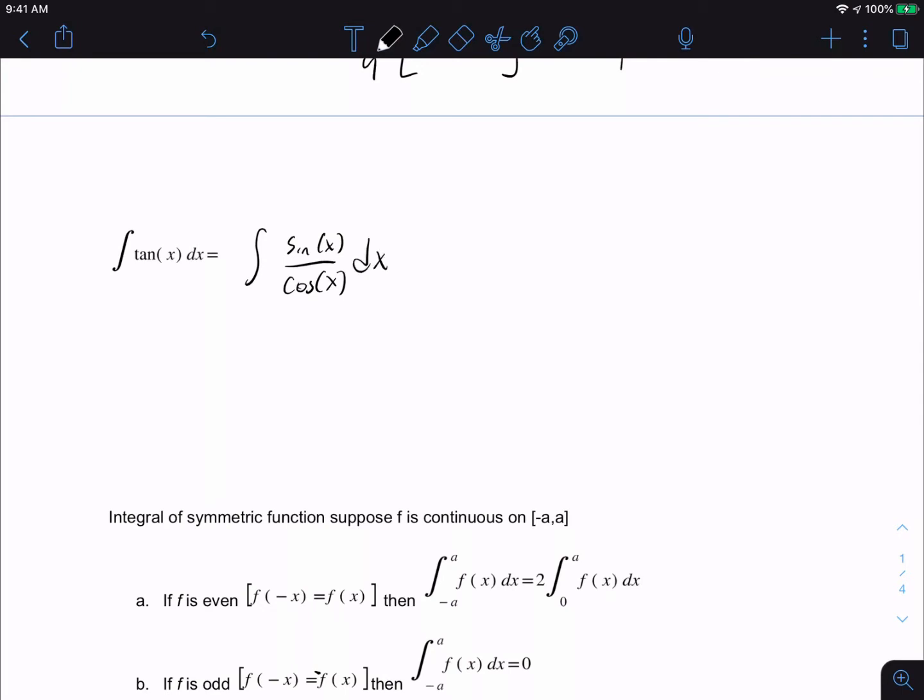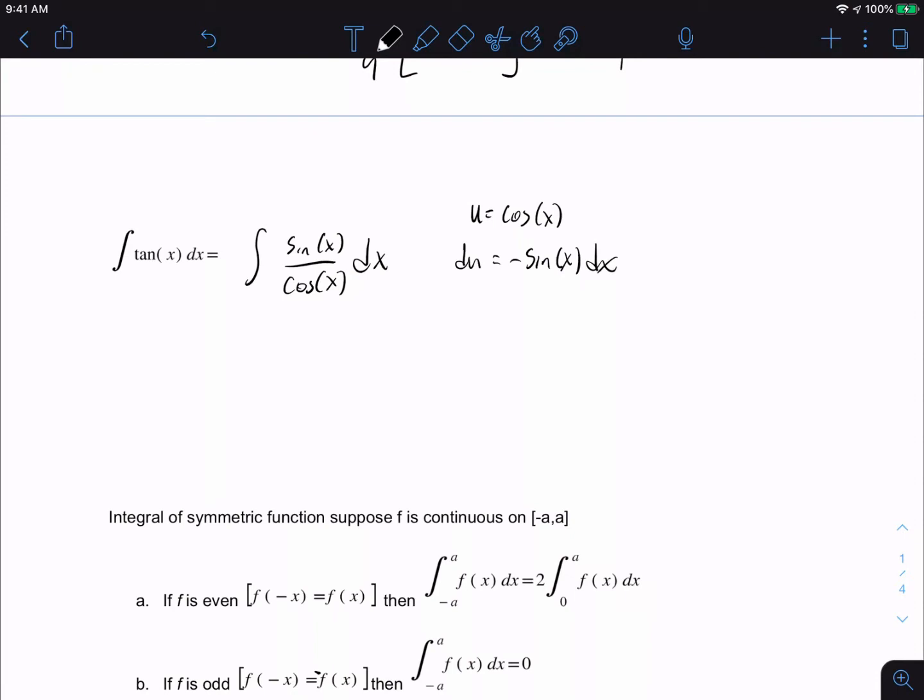And so here, typically with the u, it's either the inner function or the denominator that we use for u. So I'm going to make my denominator my u. And the derivative of cosine is negative sine of x dx.